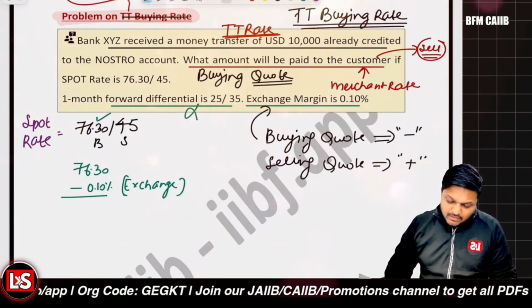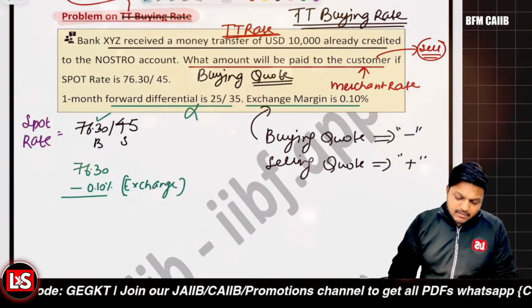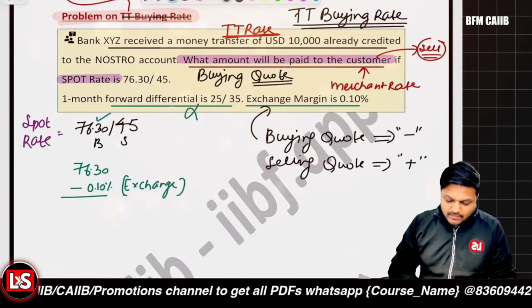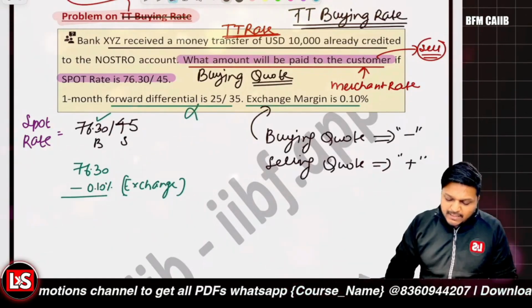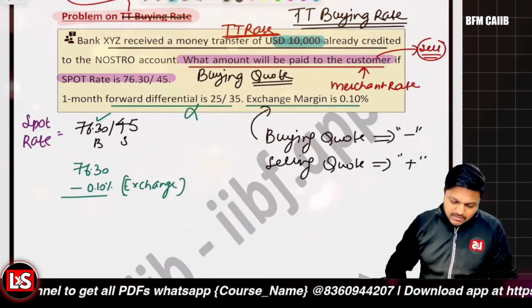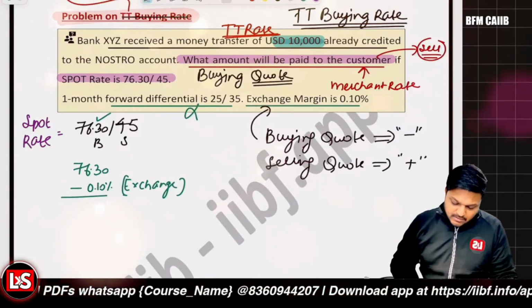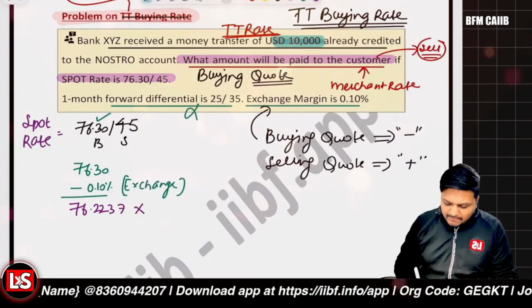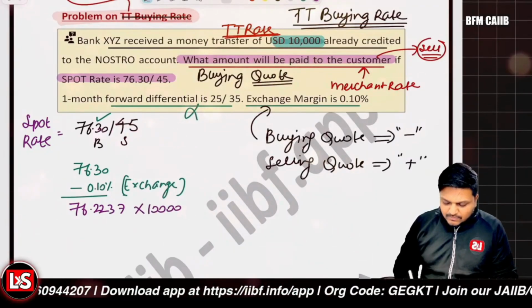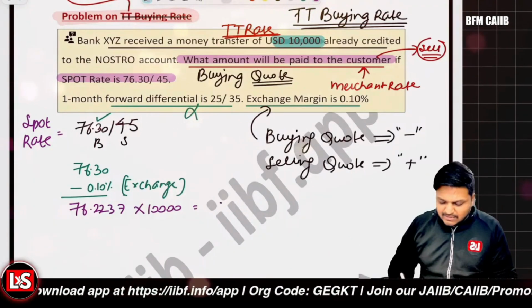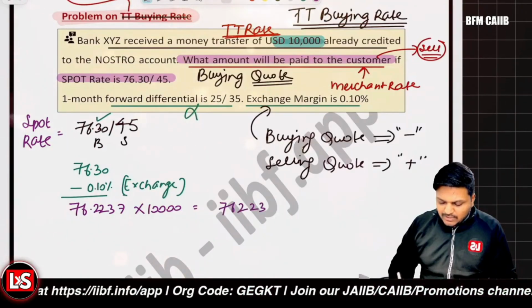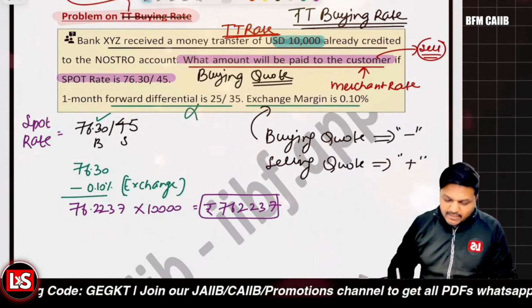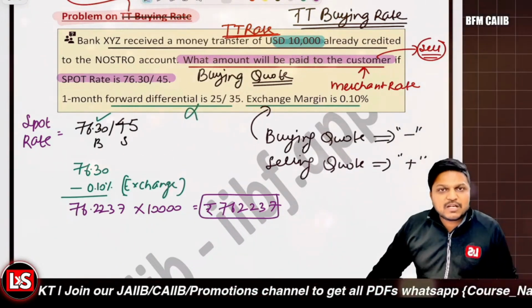We want to calculate what amount will be credited to the customer's account. A 10,000 USD balance was received, so it is 76.2237 multiplied by 10,000 USD. That is 762,237 rupees. So this amount will be credited to the customer's account.